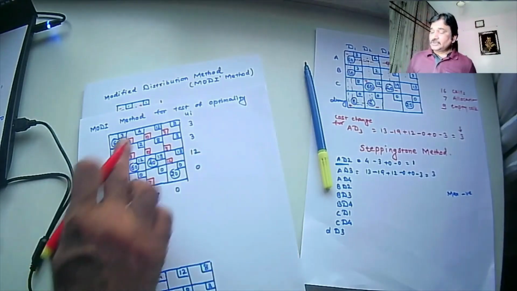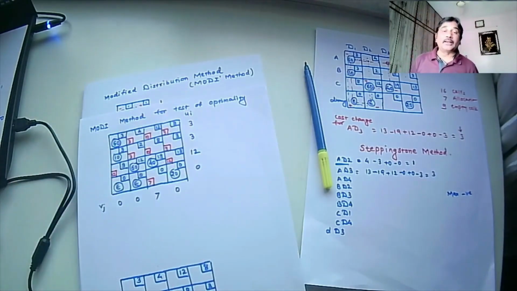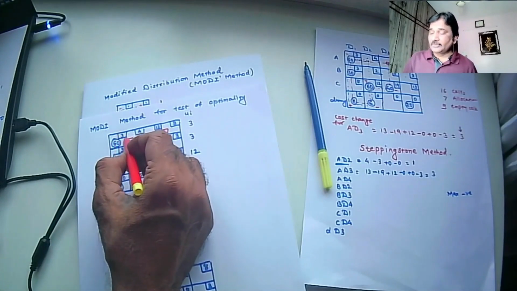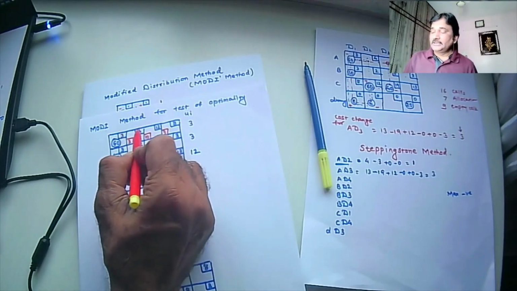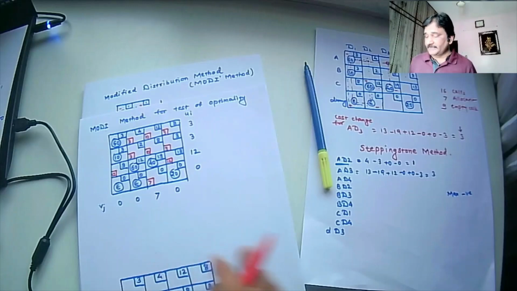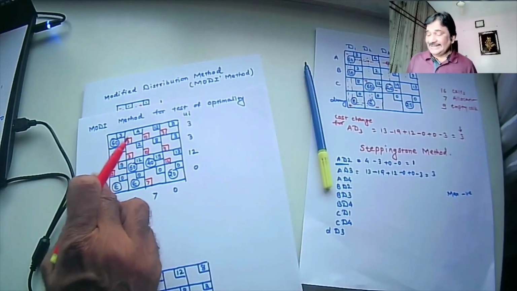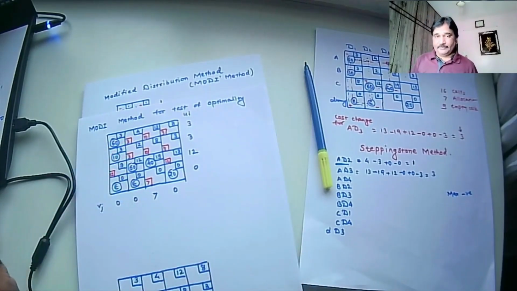All right. So what are these numbers? I know this right bottom corner number is the cost per unit of transportation. What are the numbers in the left bottom corner?